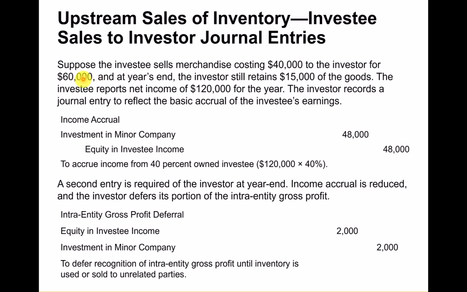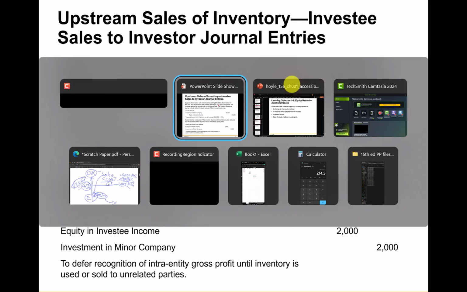So that means $5,000, one fourth of the $20,000 profit. Not all of it can be reported by the investor. Some of it has to be deferred until the investor sells that $15,000 in merchandise it still has purchased from the investee. Again, let me see if I can illustrate this on a blank piece of paper.